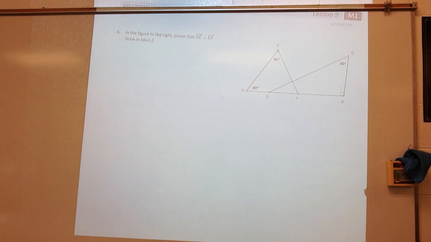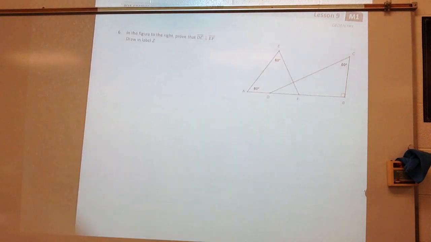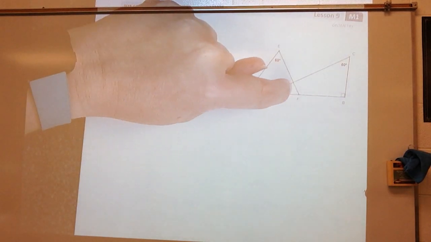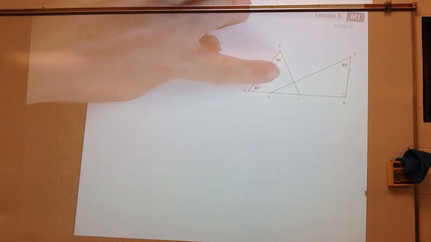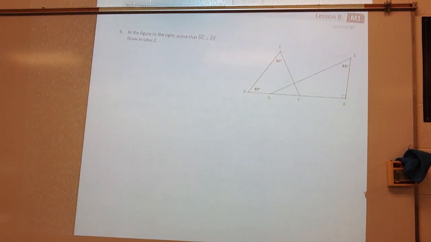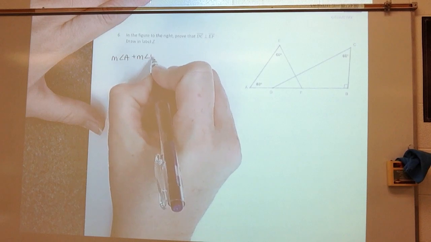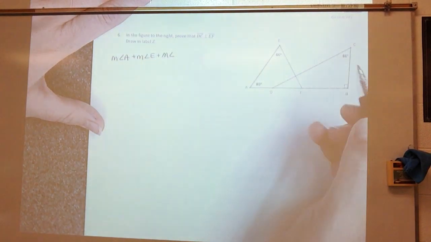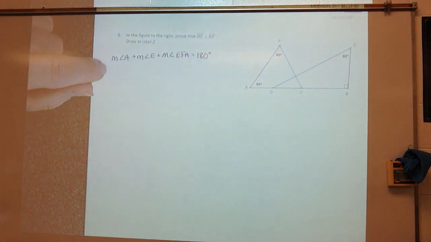All right, so let's think about what we know. Well, it's given us A and E. But I know that this and this and this all equal 180 degrees. So I'm going to put the measure of angle A plus the measure of angle E plus the measure of angle EFA equals 180 degrees.